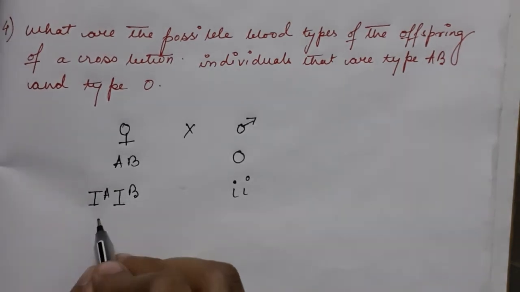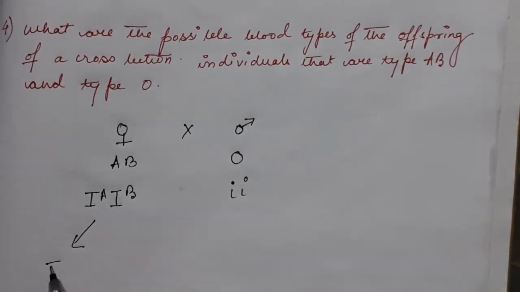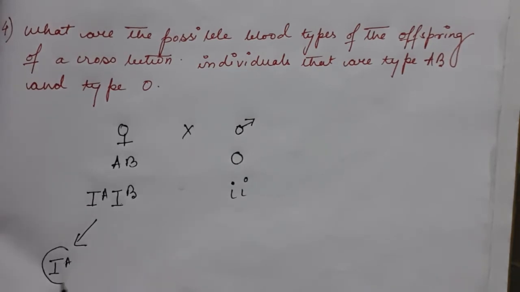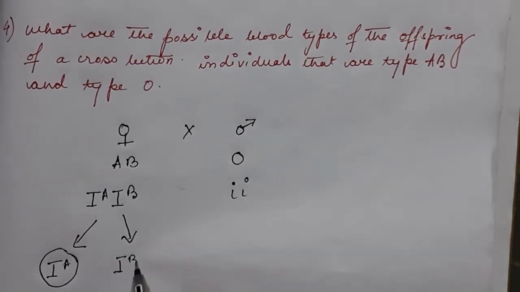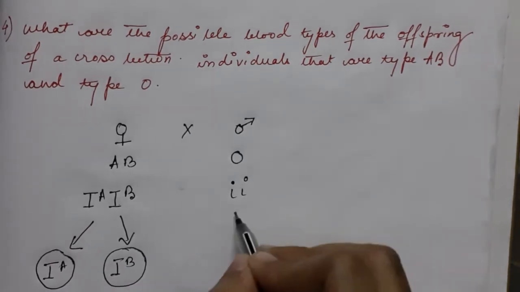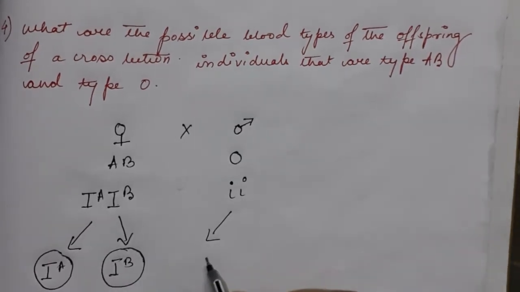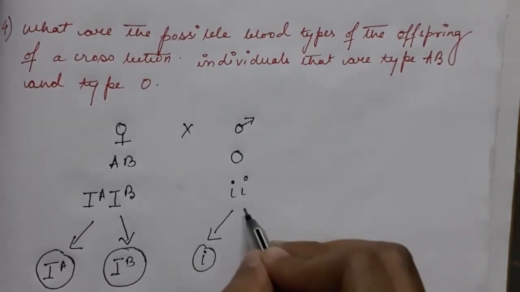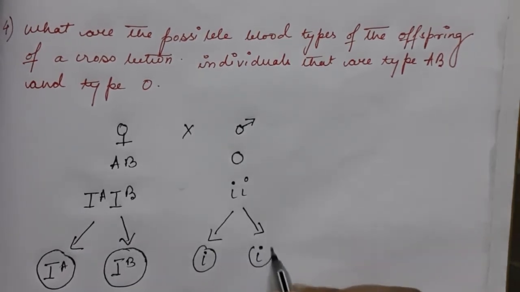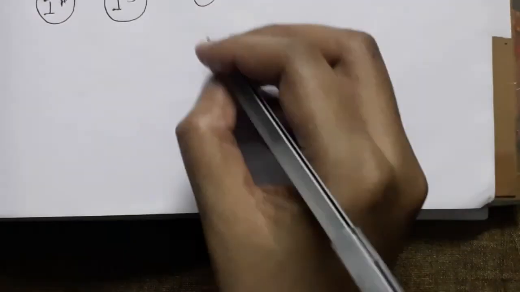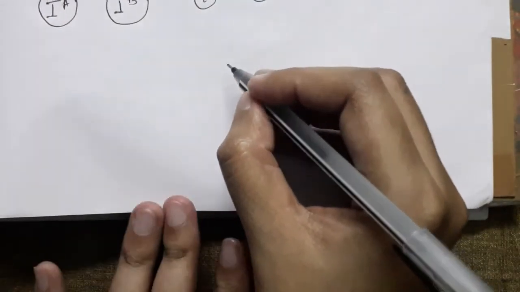The gametes that they are carrying will be IA and IB, and here the gametes they will be carrying are small i and small i. With the help of Punnett square we can easily get the answer.